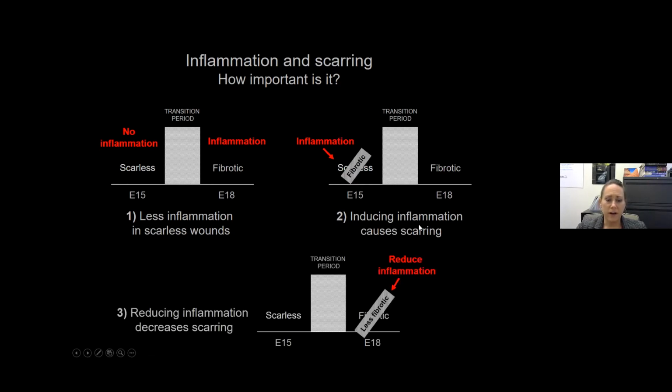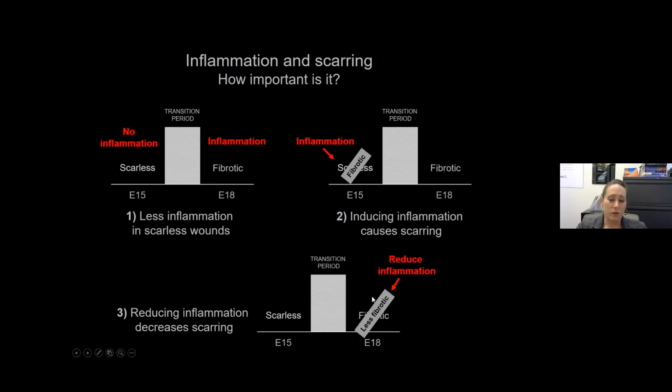And then finally, we know that if you reduce inflammation, either in late gestation fetal wounds that heal with a scar normally, or in mature skin wounds that typically heal with a scar, they tend to heal with less scarring.